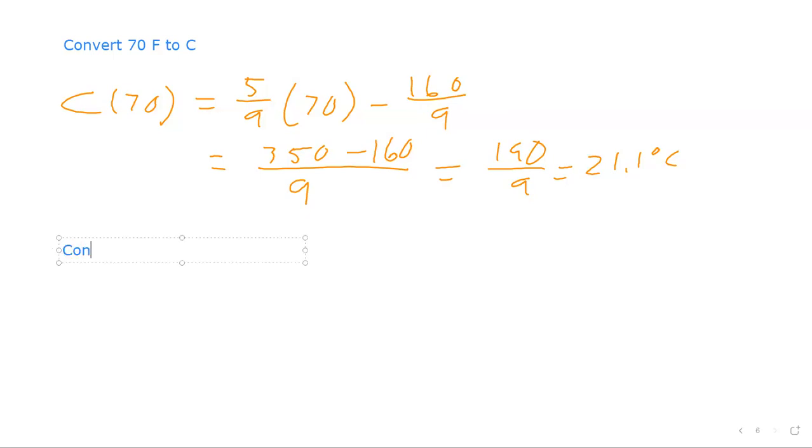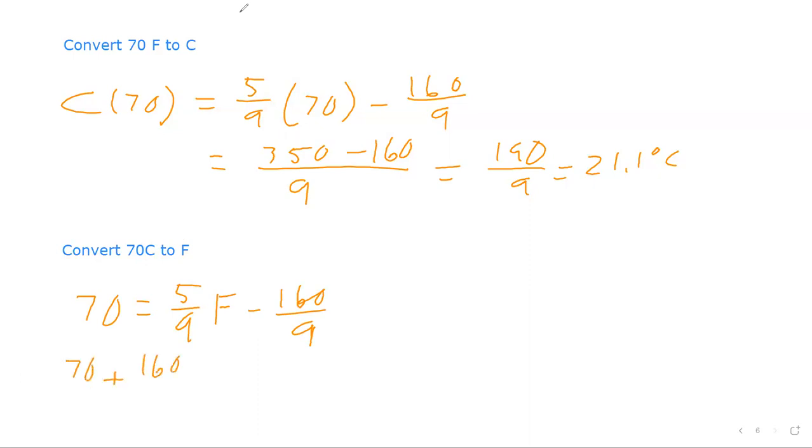Now let's convert 70 degrees Celsius to Fahrenheit. So we could use the other equation, but let's use this one, that's 70 equals 5/9 F minus 160/9. We can add the 160/9 to the other side, but 70 plus 160/9.